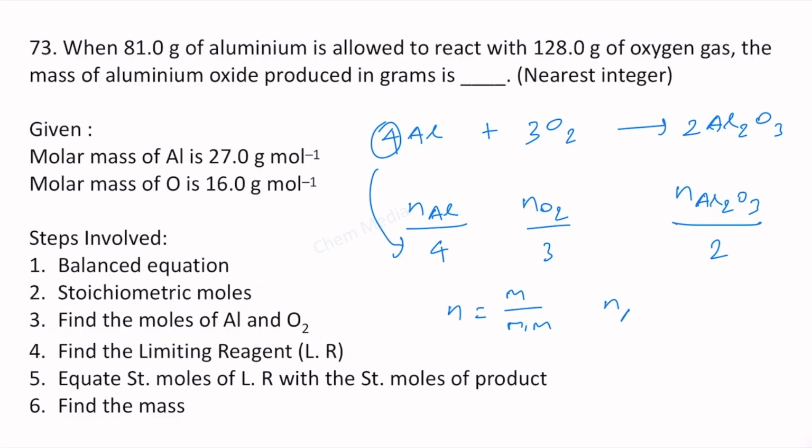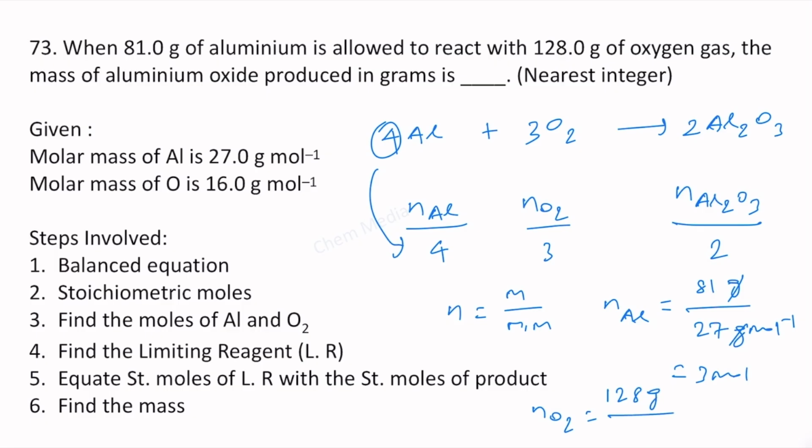Therefore, number of moles of aluminum is equal to mass given is 81 gram. Molar mass of aluminum is given as 27 gram per mole, and therefore this will be 3 moles. How about O2? Number of moles of O2 is equal to mass given is 128 gram.